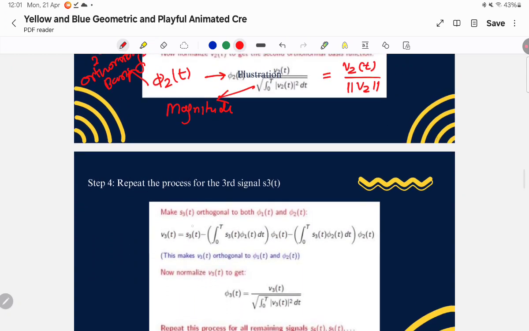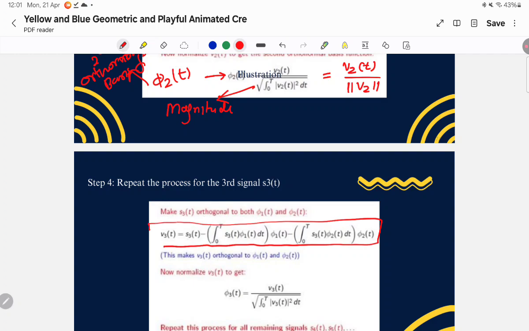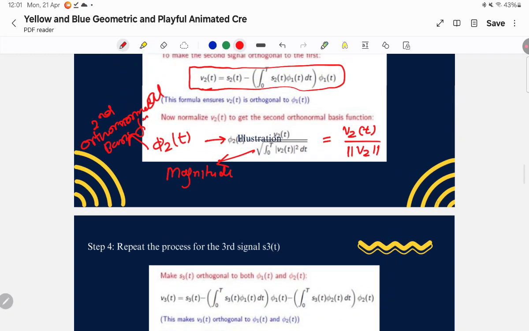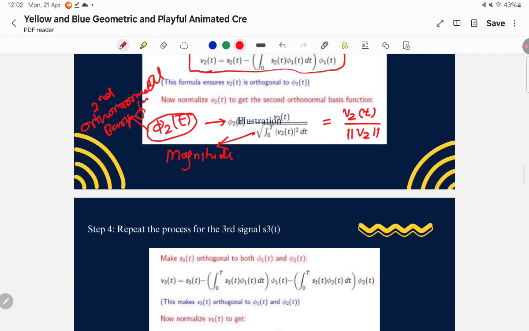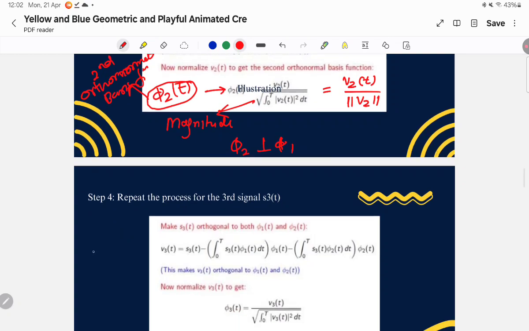Now similarly, this is the formula to calculate the third orthogonal signal, which is orthogonal to both. We can see phi 2 was orthogonal to phi 1. Now we will calculate V3, which is orthogonal to V2 and to V1 as well.